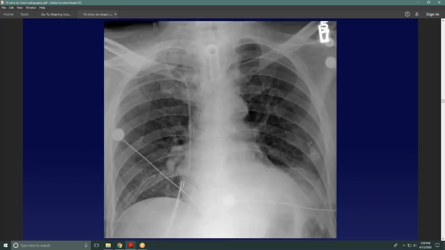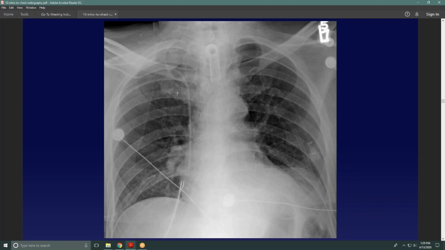Okay, so normal positioning. Here's a good example of normal positioning of a subclavian catheter. See here, you've got your catheter going with its margin inferior to the superior margin of the clavicle. And once again, this is what I was talking about: you've got all these external catheters over here. When you look at some ICU films, they have so many overlying monitor leads, you almost wonder if somebody told the technologist, put all the monitor leads you can find on the middle of the patient's chest and get the image.